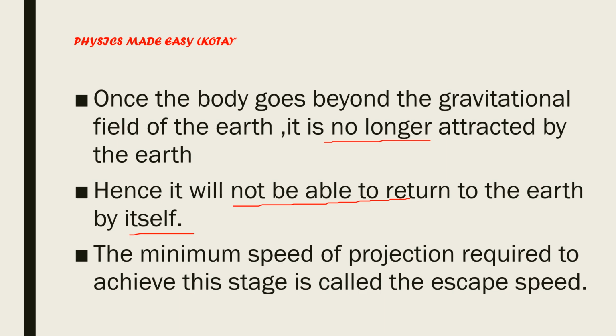The minimum speed of projection required to achieve this stage, so that the body will not be able to return to the earth by itself, is called the escape speed.